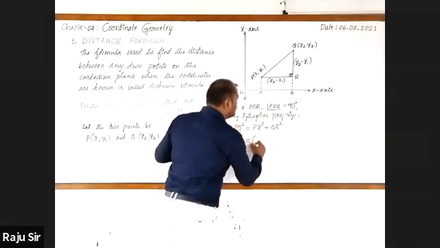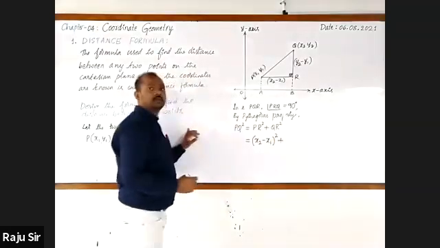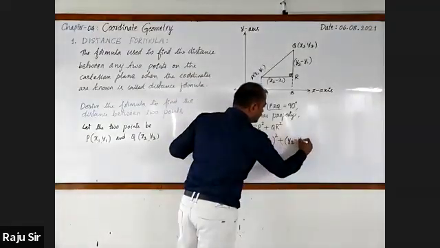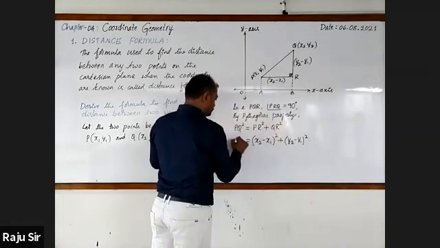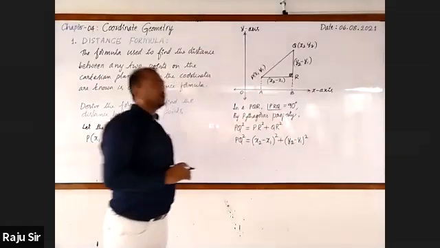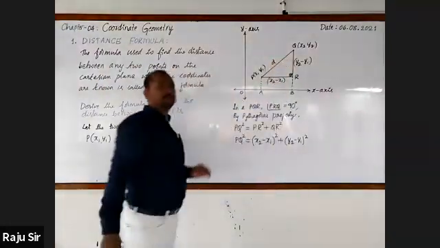Substitute: PR is x2 minus x1 whole square plus QR is y2 minus y1 whole square. Let us take PQ as small d, the distance between the 2 points.